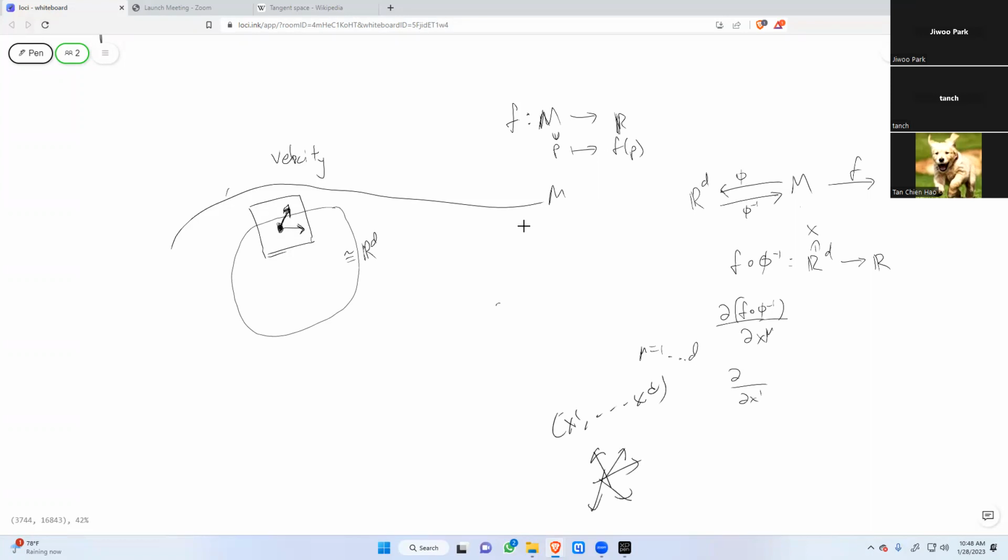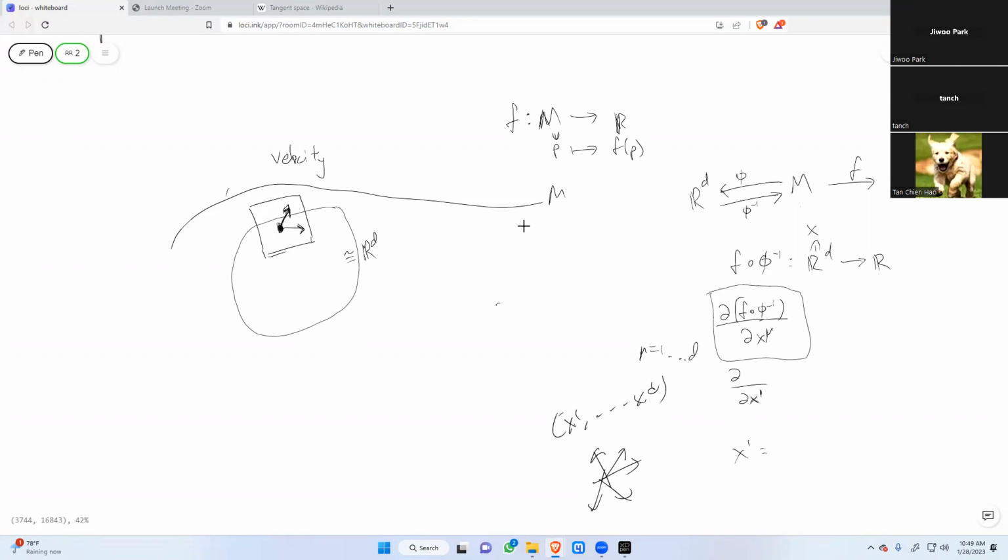So what this is saying physically is, I have a patch over here which is R^d, and now I'm saying that if I start from some point, let's say this point, and I move in the direction of increasing, let's just choose one coordinate, let's say x1.